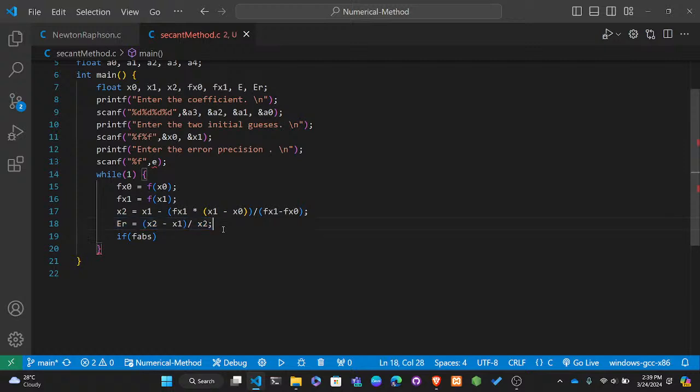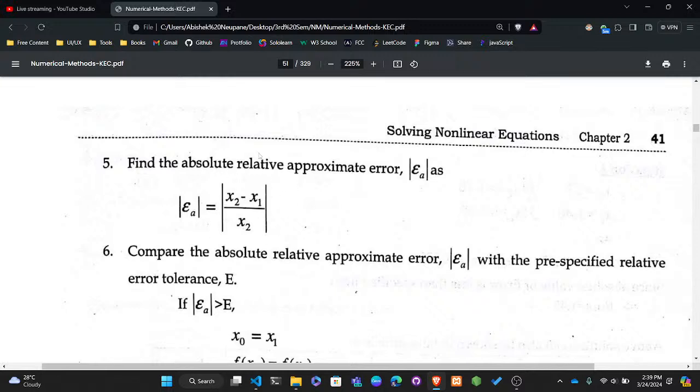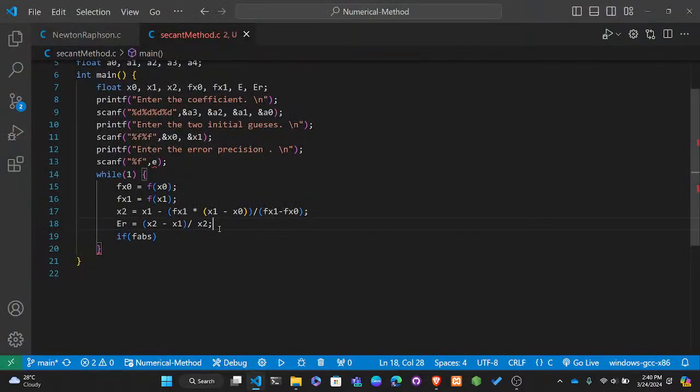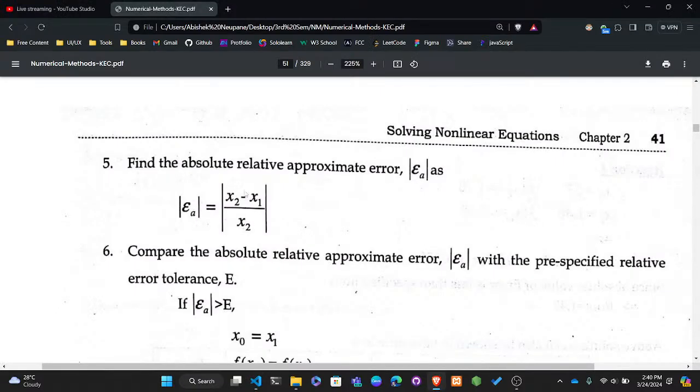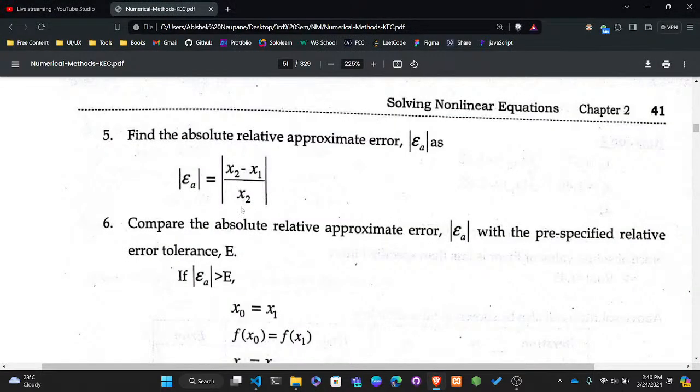The error is always positive in absolute relative error, so whether the error is negative or positive, since we are using this, the answer will always be positive. For example, if the answer comes out as minus 0.579, since we are using absolute relative approximate error, our answer will automatically be 0.579.